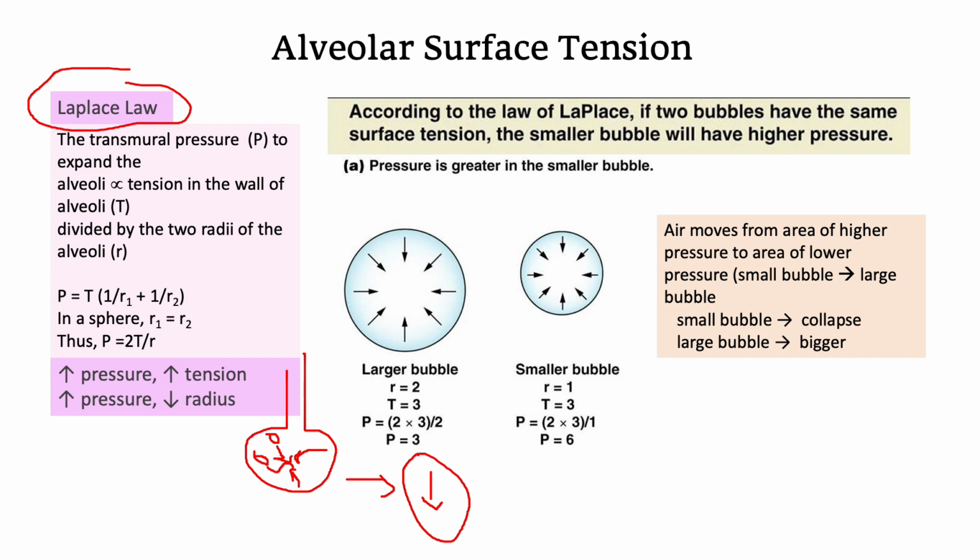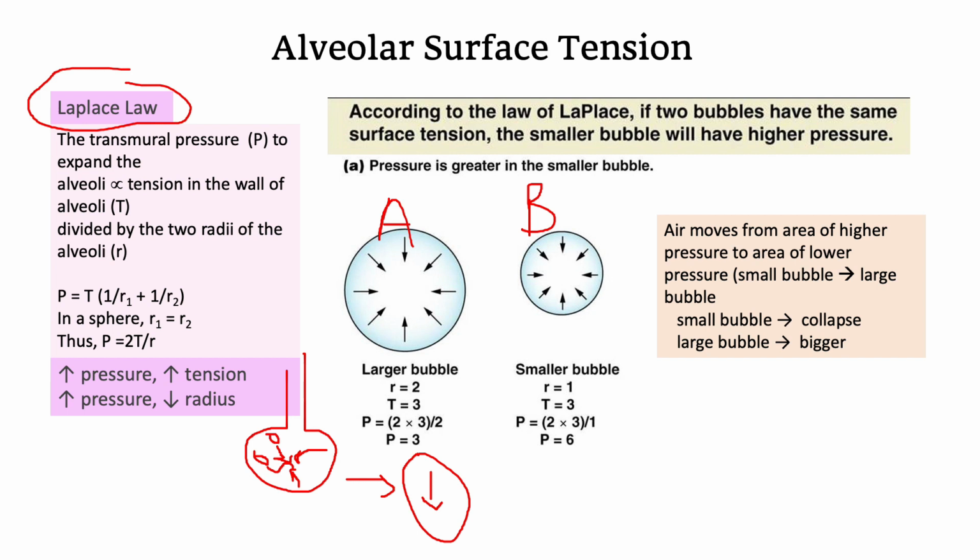Let us see the Laplace law here. Say we have two bubbles, and the bubbles are the alveoli. Here we have alveoli A and here is alveoli B. According to the law, pressure is inversely proportional to the radius.